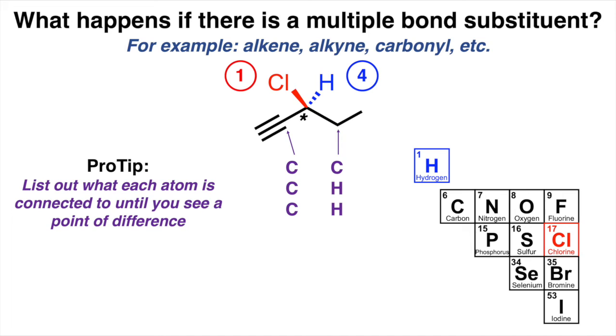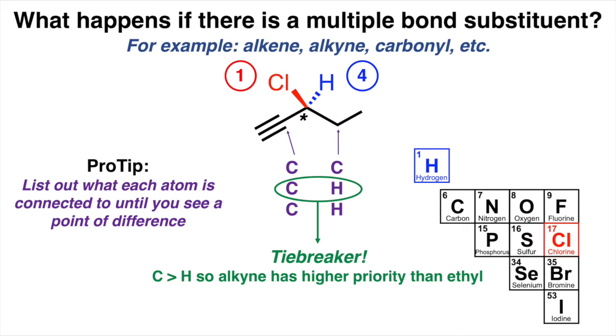So now we're going to compare the 2 lists until you see a point of difference. Notice that there is a tiebreaker between a carbon atom in the alkyne versus a hydrogen atom in the ethyl group. Since carbon has a higher atomic number than H, the alkyne will have the higher priority than the ethyl group.